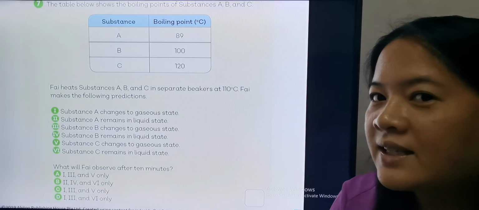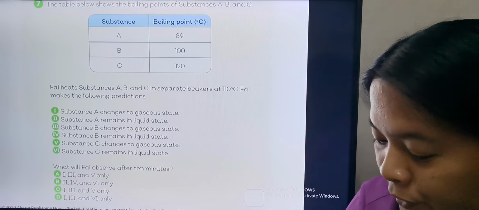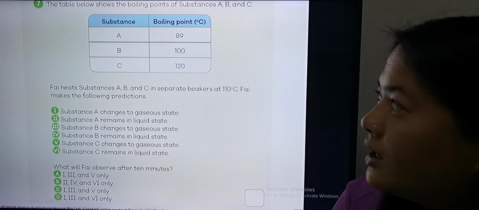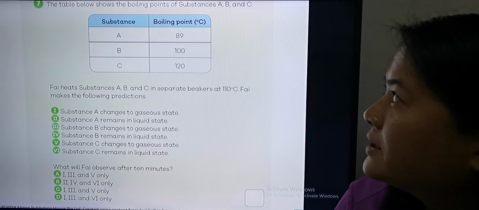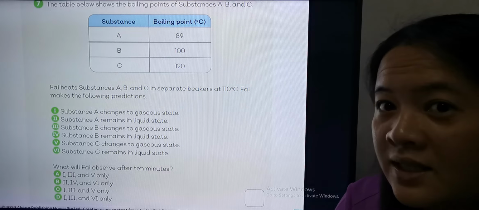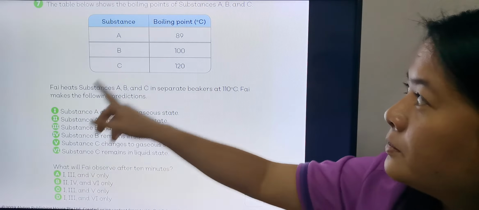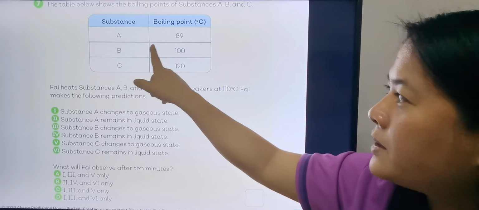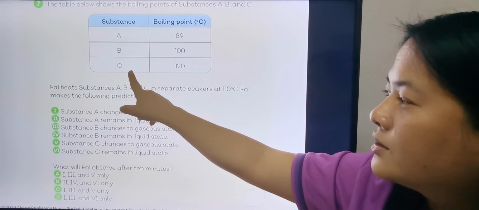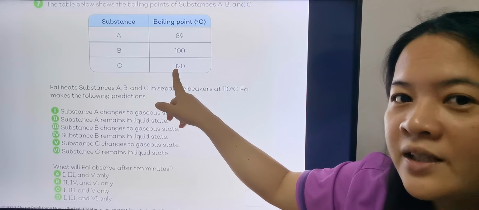Okay, and this is the last one for today for your homework. Number 7, the table below shows the boiling points of substances A, B, and C. Substance A is 89 degrees Celsius, substance B is 100 degrees Celsius, substance C is 120 degrees Celsius.